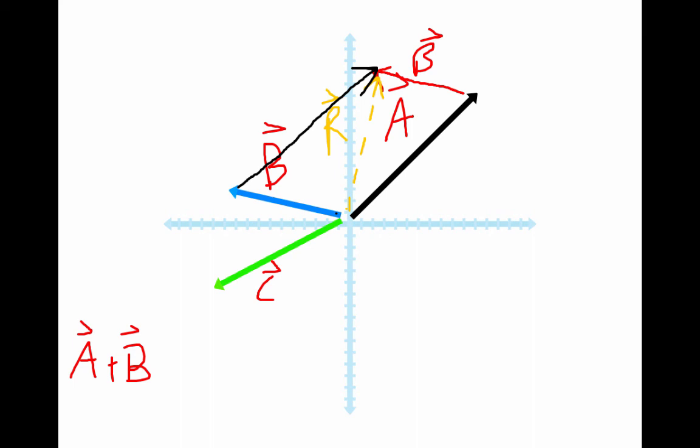Let's do another example. We'll do C minus B. Okay, when we're combining C minus B, that means I want to draw vector C first, and then minus B is, remember, the same magnitude, same length as B, just opposite direction.